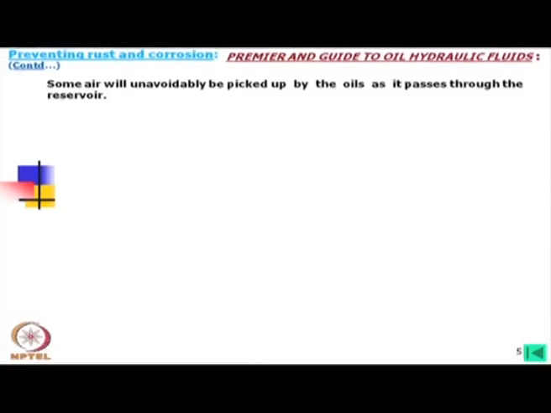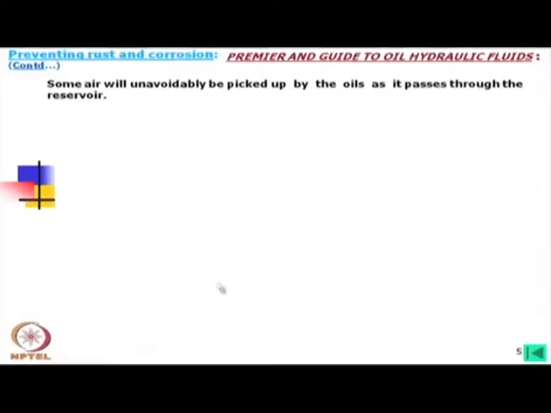When it is going inside the tank, because of the vent out of the gases, we provide a venting process. That means the top of the oil is filled with air, and that air is mixed up with the oil while it is returning back to the reservoir. So, we cannot avoid the air inside it.